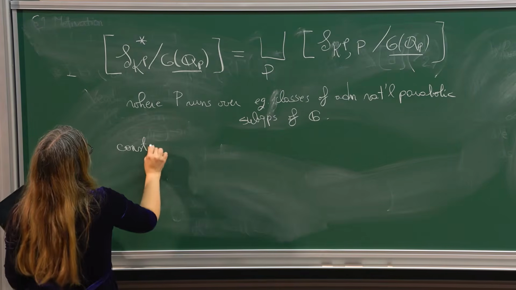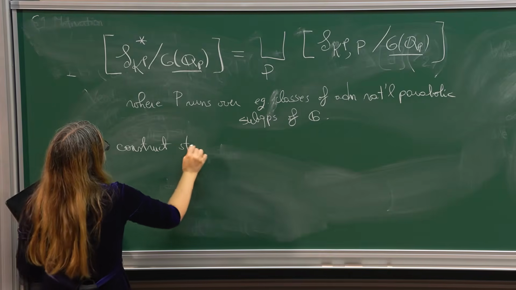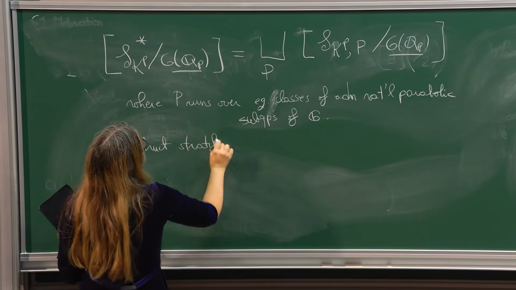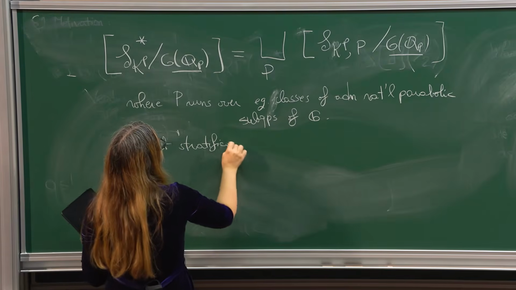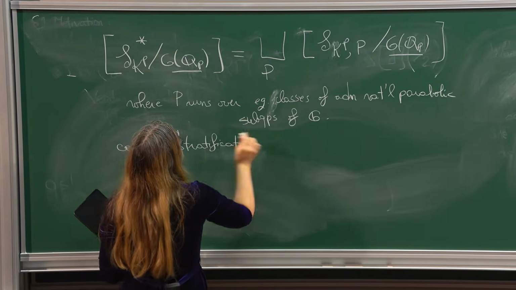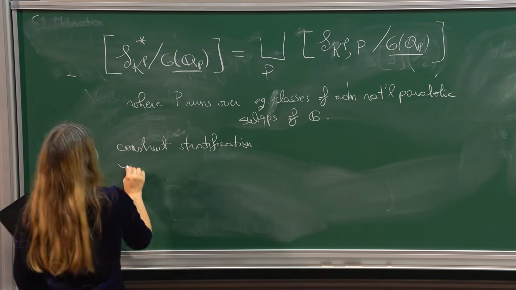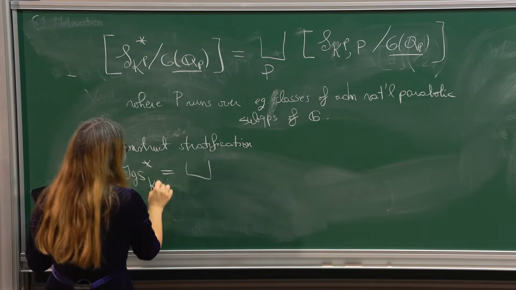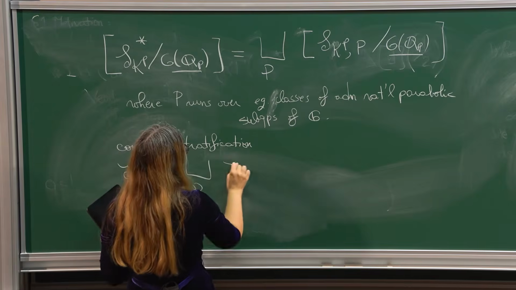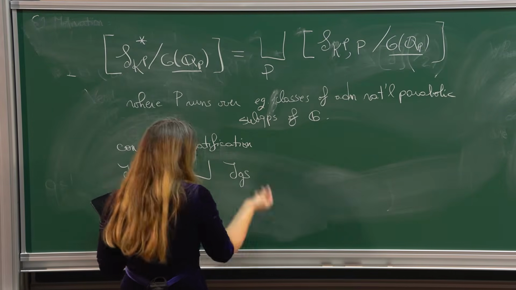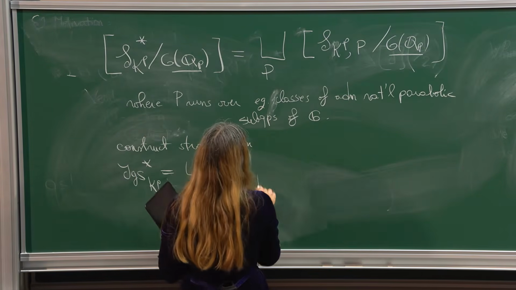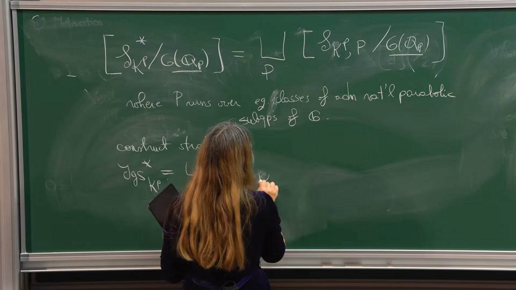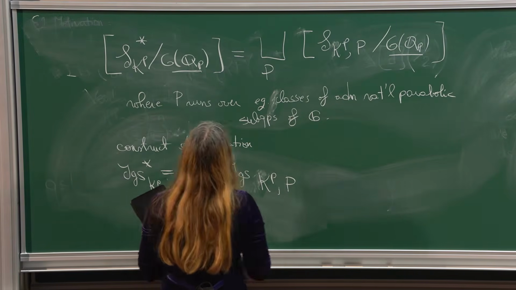So we construct a stratification, but let me put this in quotation marks. Disjoint union over the same classes of parabolics of strata.